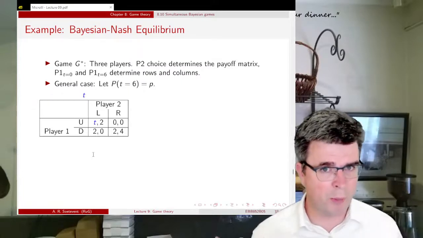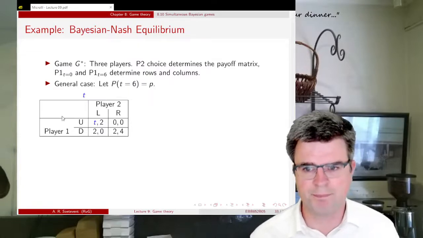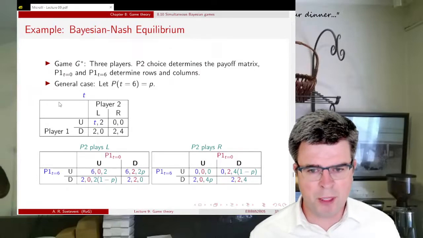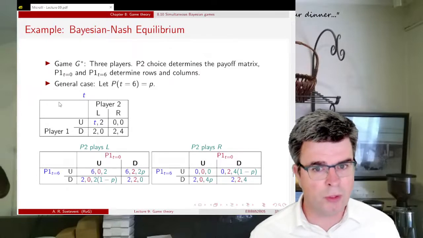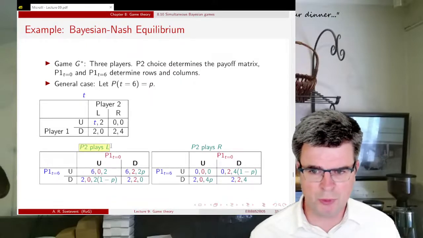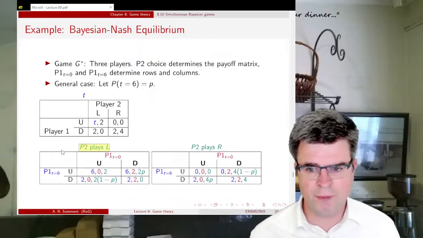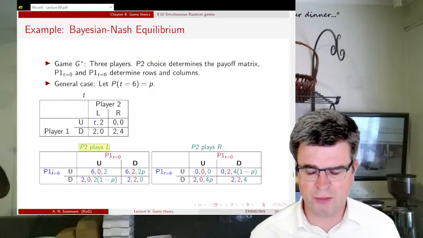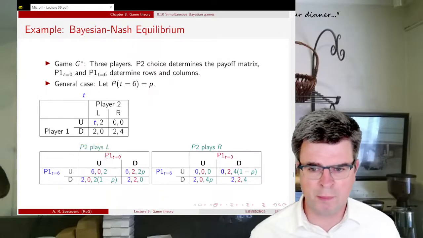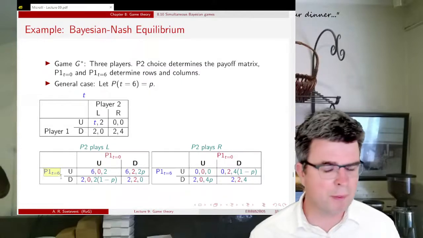We say, okay, player 1 is of type T is 6 with probability P. And this is what I mean by saying that the choice of player 2 determines the payoff matrix. So we have 2 possible choices. Suppose now that player 2 plays left, then we have the payoff matrix that is given here, where the rows and the columns are determined by player 1 being of type T is 0 or player 1 being of type T is 6.